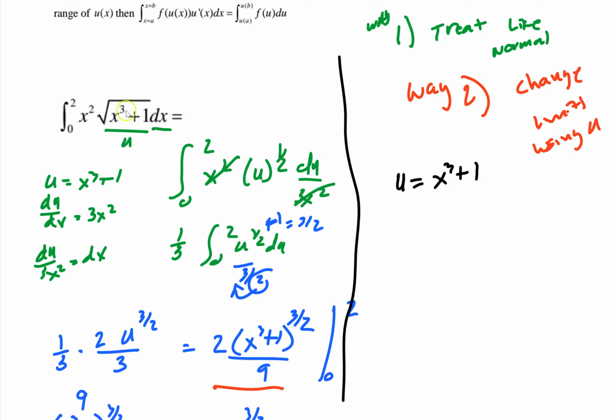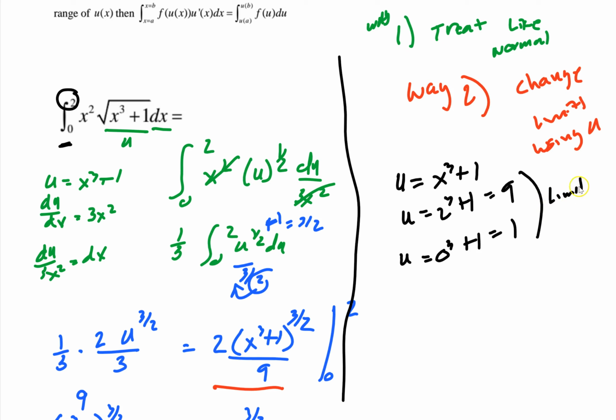So what's going to change is this. We have 2 there, so let's plug that in. So I get a 9, and we have a 0 there. Plug that in. So I get a 1. These are the new limits.